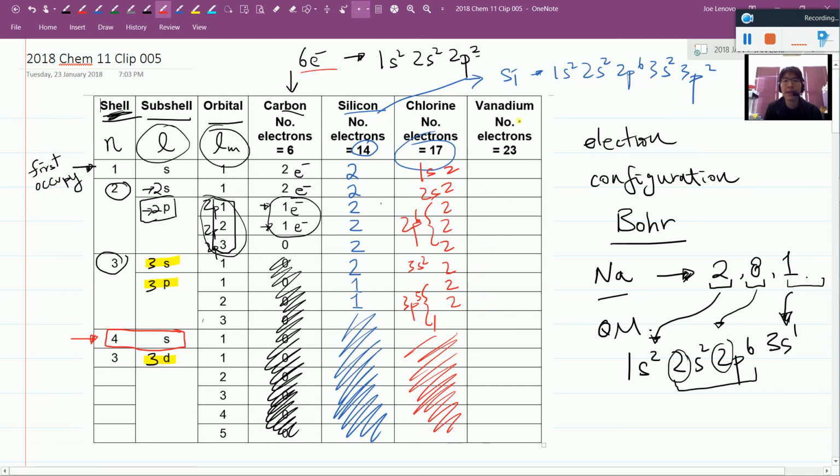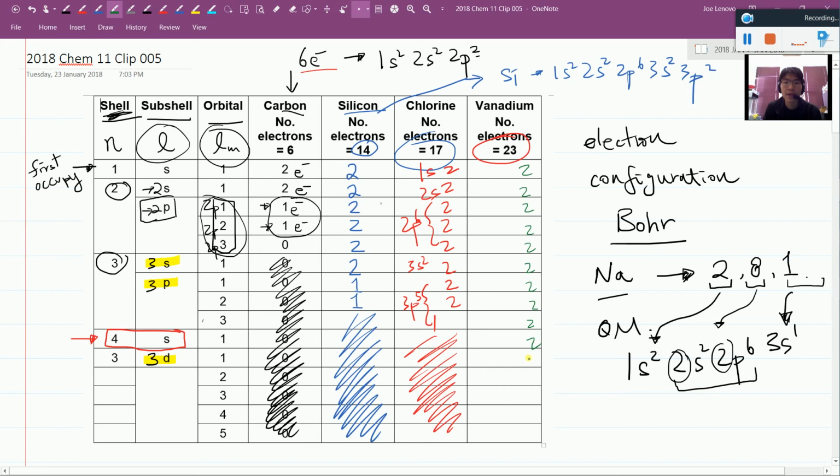Come up to vanadium, 23. When you have vanadium 23, what we do is we put 2 there, 4, 6, 8, 10, 12, 14, 16, 18, 20. And then we've got the 3d orbitals.